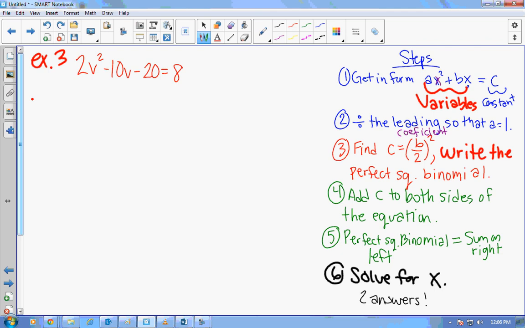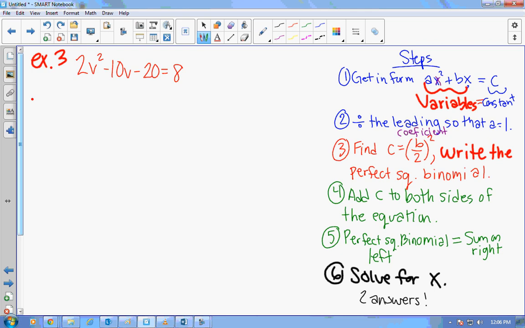They're all listed. Get in the form with what on the left and what on the right. What does it say here in red? Variables on one side and what on the other side? Constants. Those mean the things without the variables, yeah?